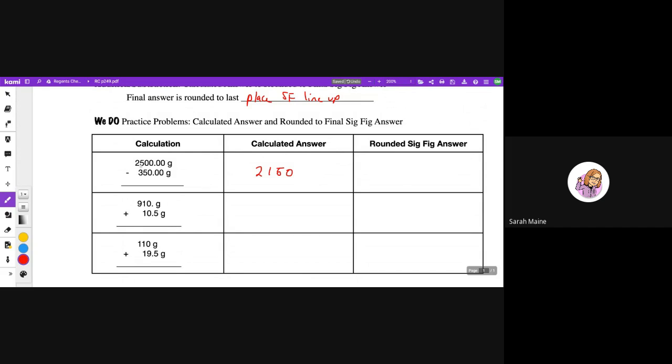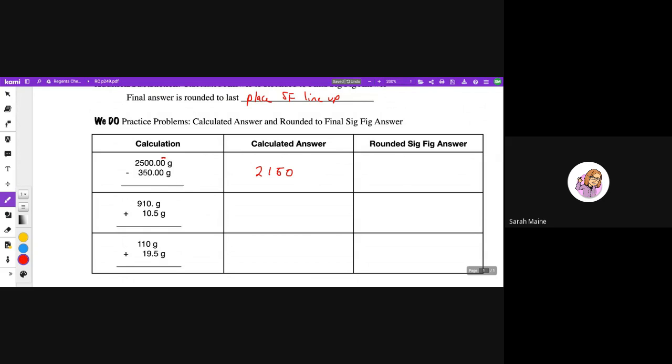When you go back and look, the way the 2,500 gram mass is written, we have 4 trailing zeros. There is a decimal, so all 4 zeros are significant, and the most right sig fig is in the hundreds place.